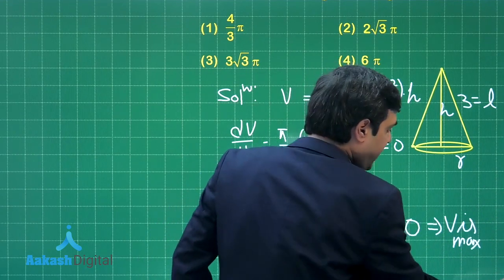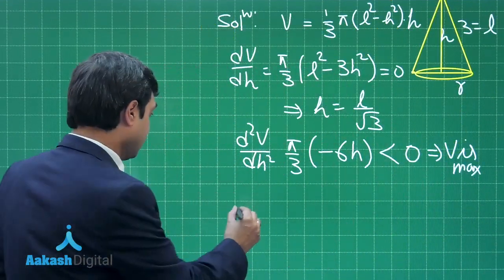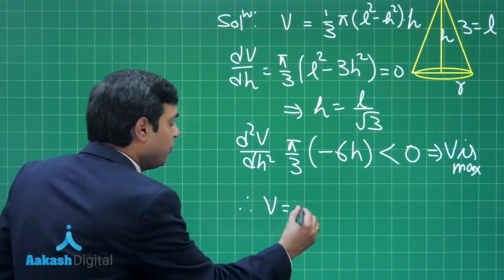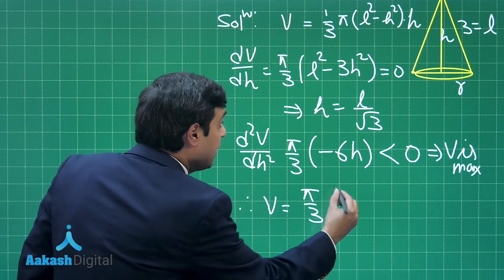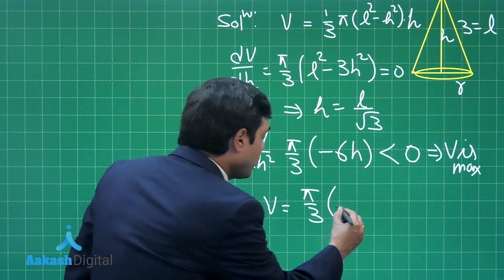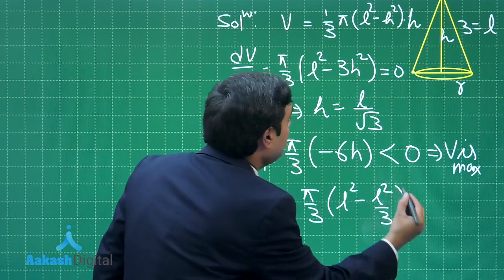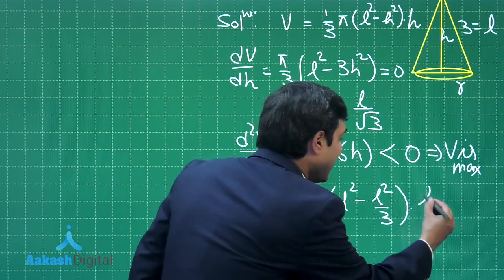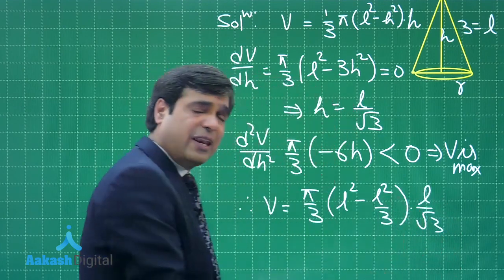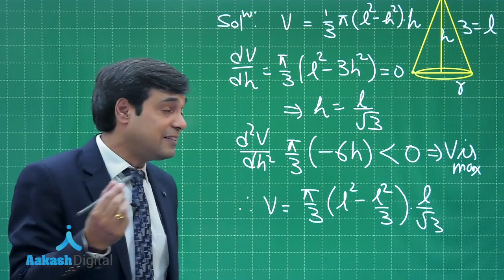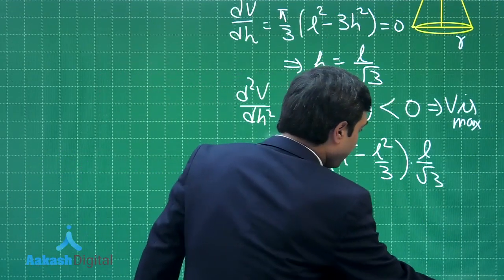Now this condition we have drawn. Therefore the volume is pi by 3 multiplied with L square minus L square by 3 multiplied with the height again, that is L by root 3. What is the value of L? L is given to us as 3. So let's write down the value for L here.